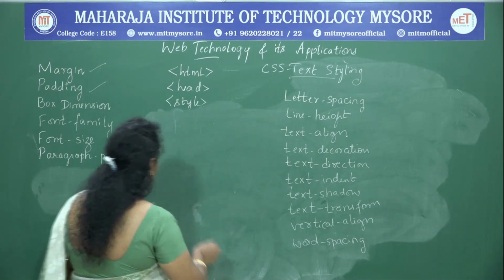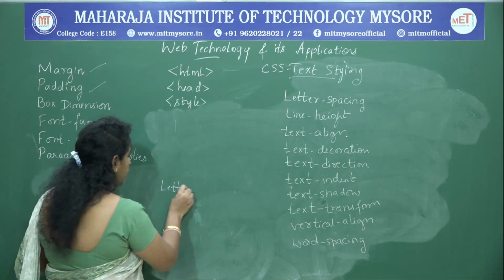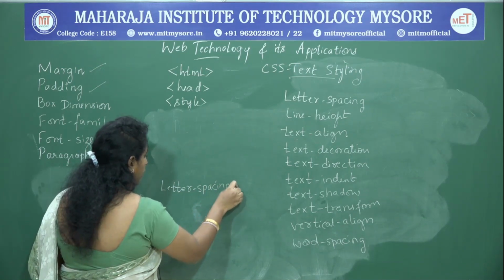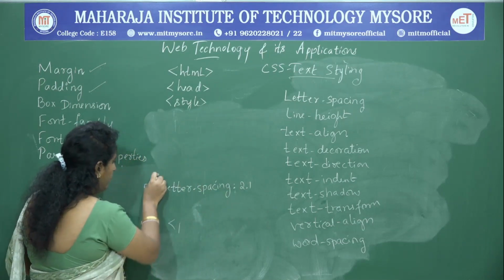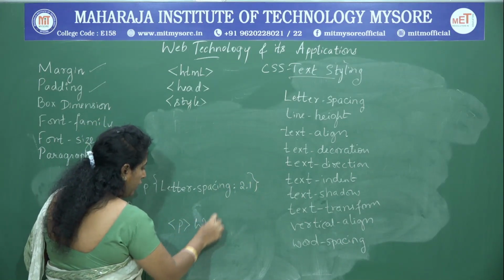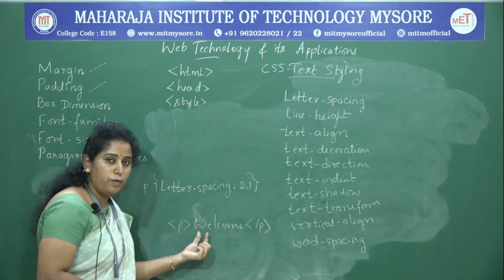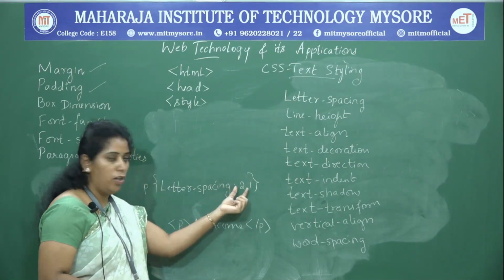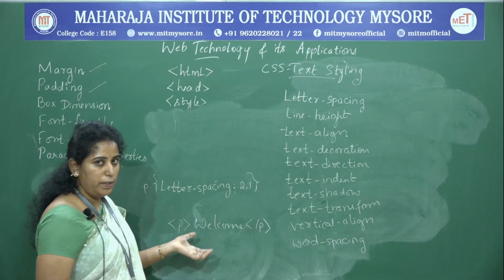I am not going to code the program, I will just give an example, letter spacing with a value like 2.1. If a paragraph has a message welcome, then in between each letter of the paragraph there will be a letter spacing of 2.1. This is letter spacing.